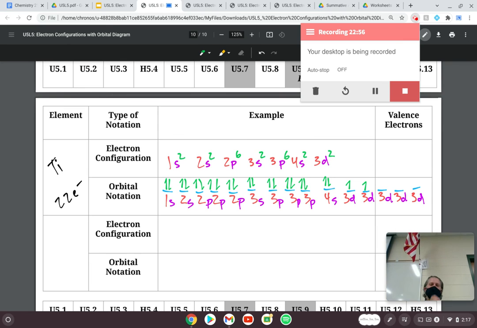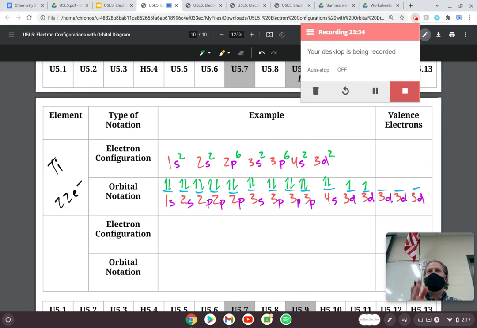Okay, so you should have hopefully come up with 1s2, 2s2, 2p6, 3s2, 3p6, 4s2, 3d2. When you draw the orbital notation, it was 1s arrow up, arrow down, 2s arrow up, arrow down, 2p, 2p, 2p, arrow up, up, up, and then down, down, down. 3s arrow up, arrow down, 3p arrow up, 3p arrow up, 3p arrow up, down, down, down. 4s arrow up, arrow down, and then 3d arrow up, 3d arrow up.